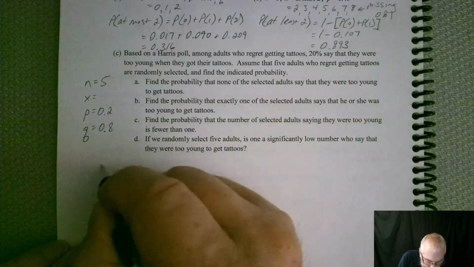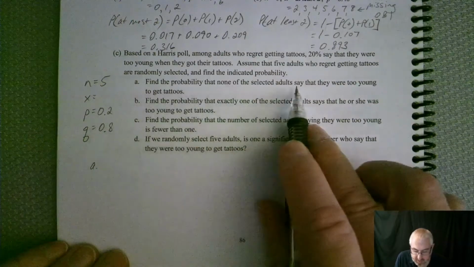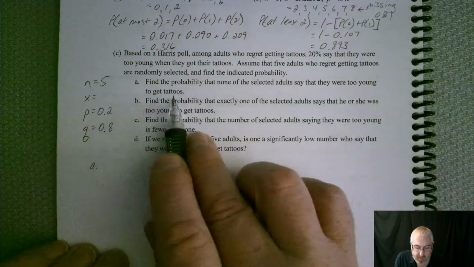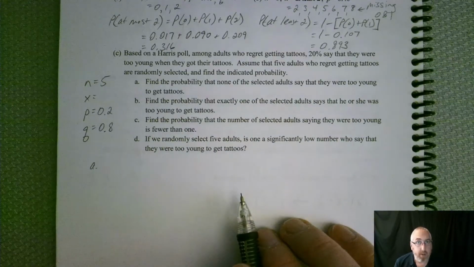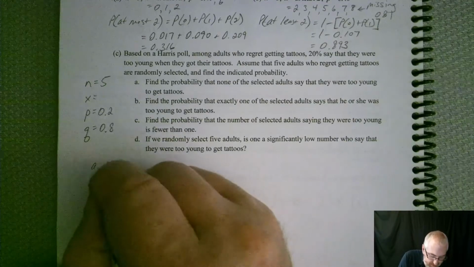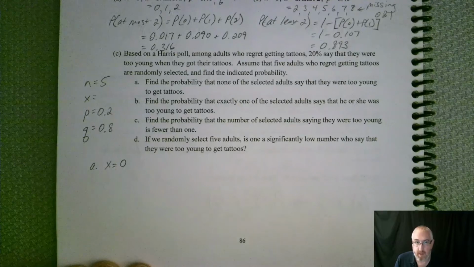So for part A, we have find the probability that none of the selected adults say that they were too young to get tattoos. All right, so what does none mean to you? How many is none? Yeah, if it's none, X is going to have to be equal to 0 for this one.